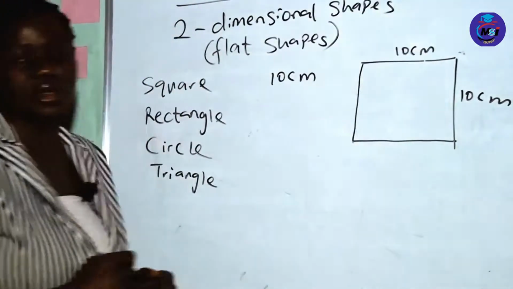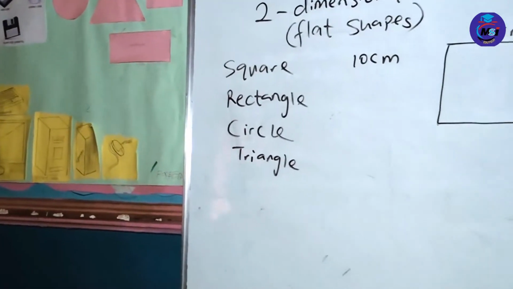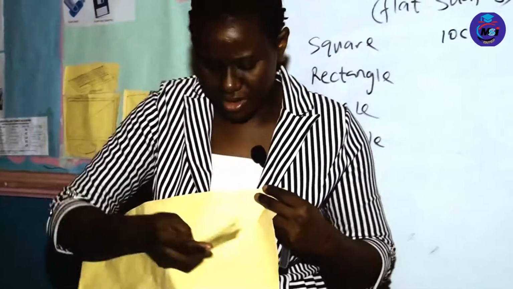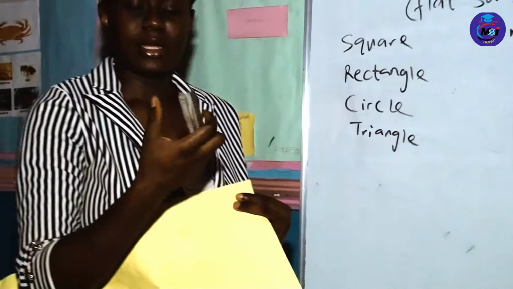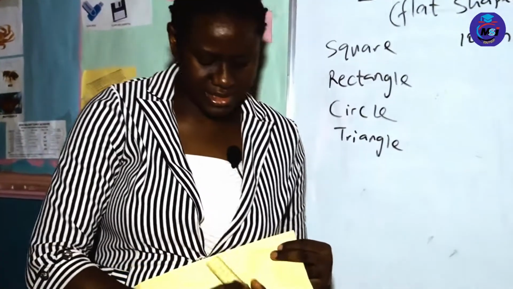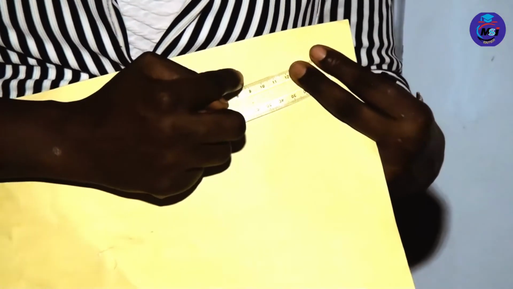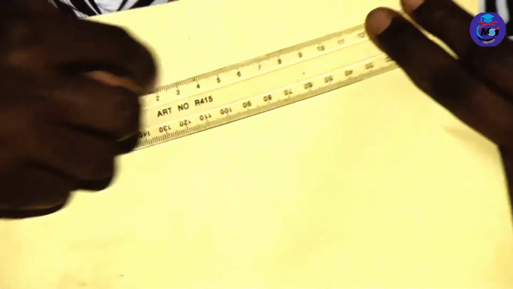So what you need to do on your cardboard paper is you get a ruler and then measure 10 centimeter, 4 sides, 10 centimeter this way, 10 centimeter this way, 10 centimeter this way, and 10 centimeter this way. Then you have a square. You could cut out that, then you have a square.